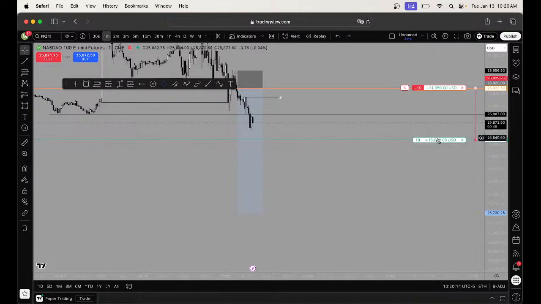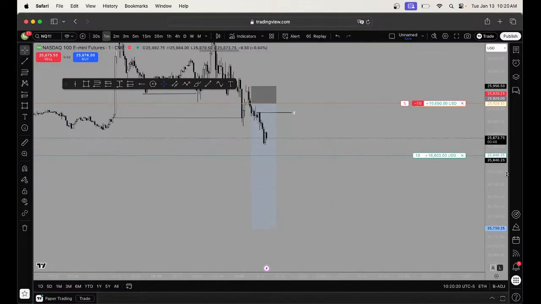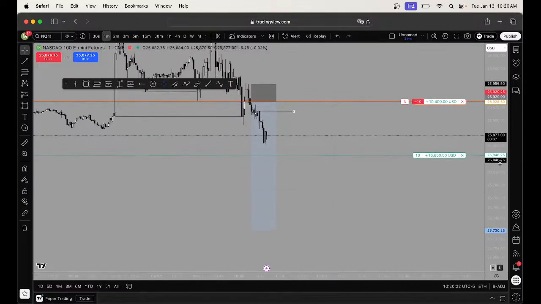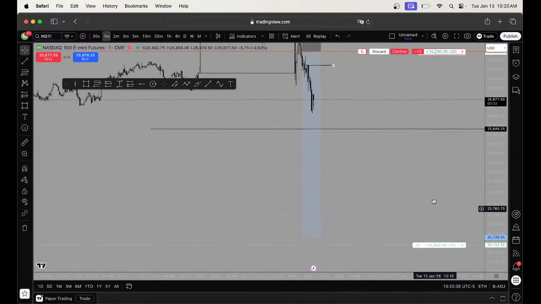Honestly, I'm gonna try this. Realistically, my take profit would be here, but this is a paper trade, so I'm gonna try it.